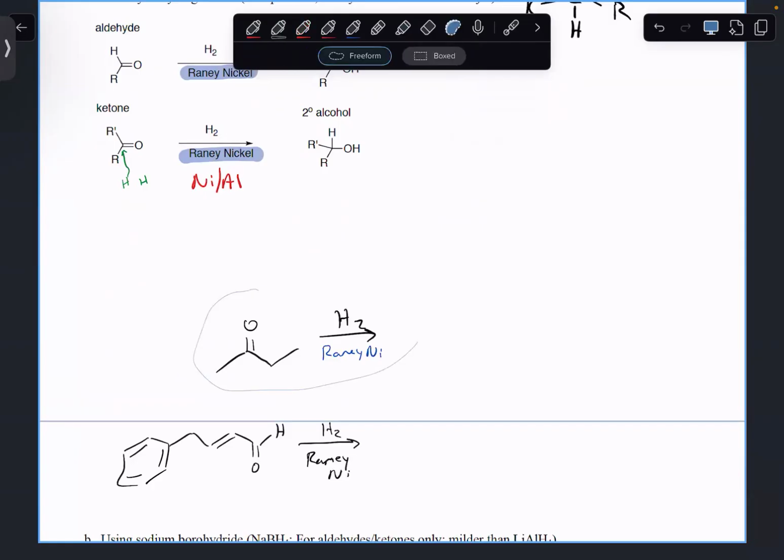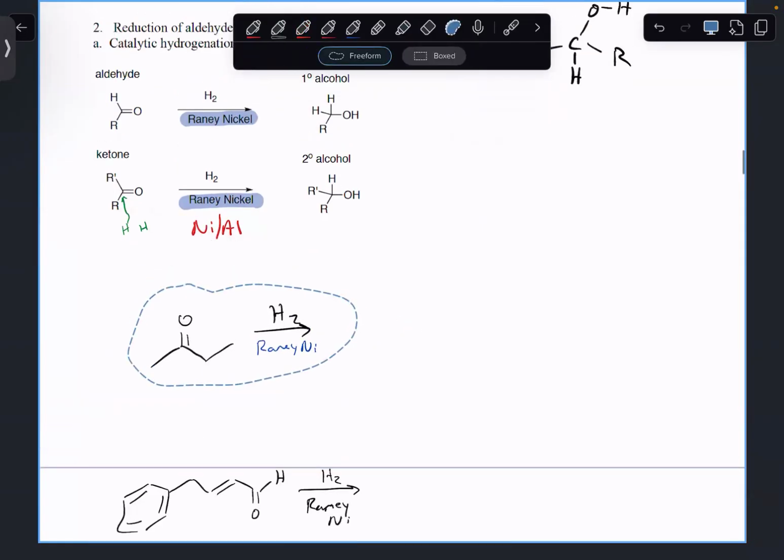Have a look at this one. It's a pretty straightforward example. Could you predict the hydrogenation product of this? Hydrogenation of butanone.